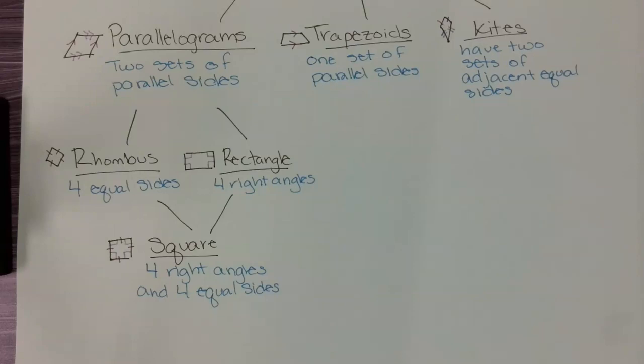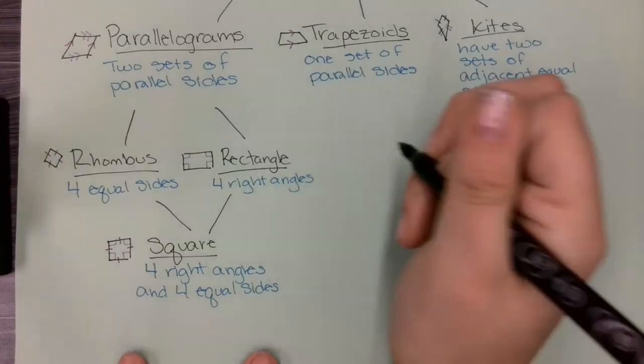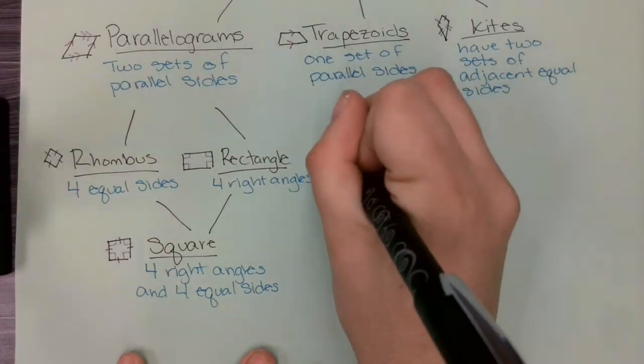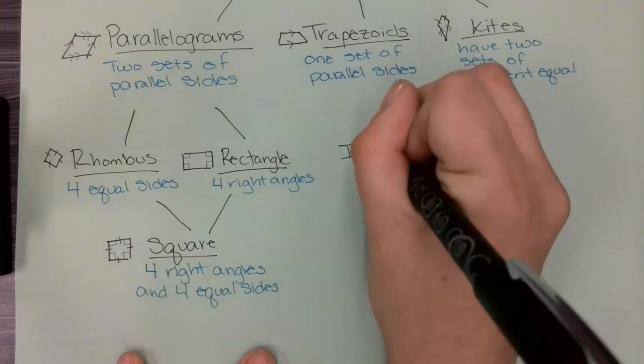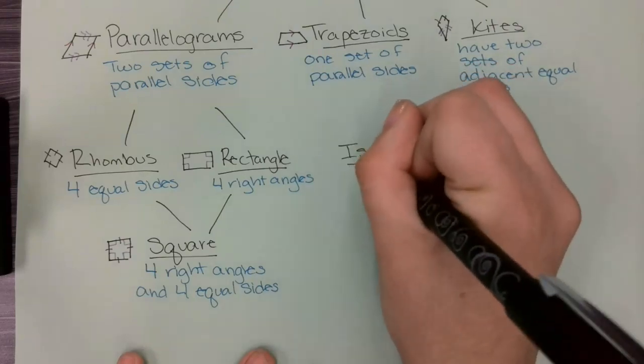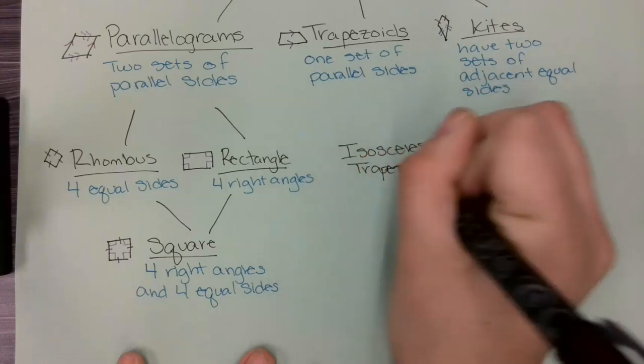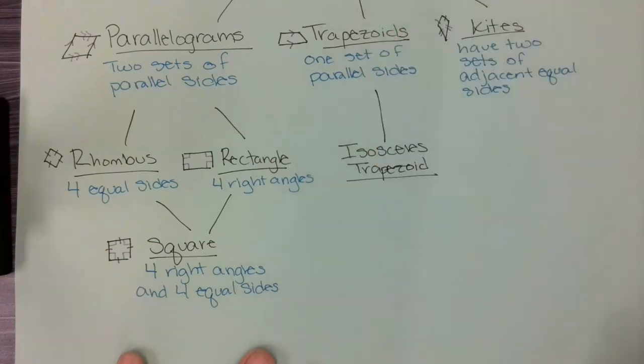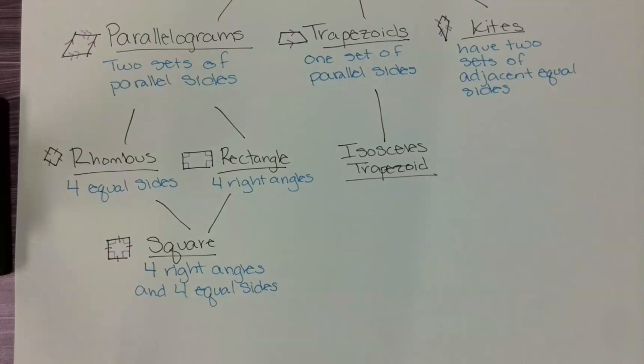Okay, and then there is a special kind of trapezoid. It's called an isosceles trapezoid. So it's the same thing as trapezoids.